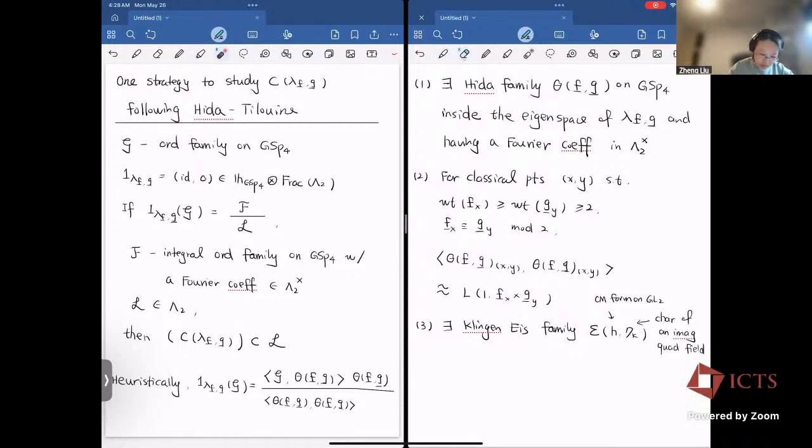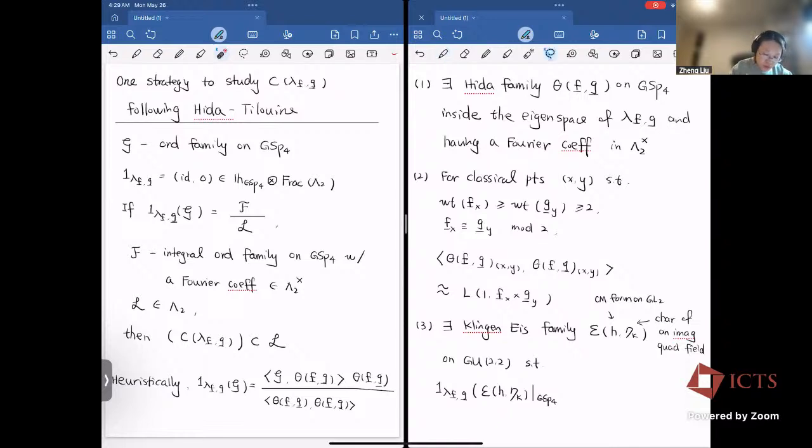There is such a Hida family such that you can replace the role of that curly G. Sorry, I should say this Klingen Eisenstein family is actually on GU(2,2), and then I can restrict it back to GSp4 to get a family there.